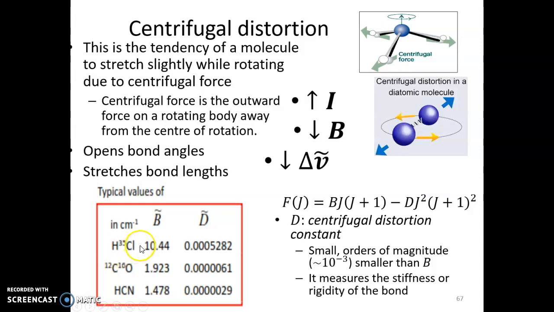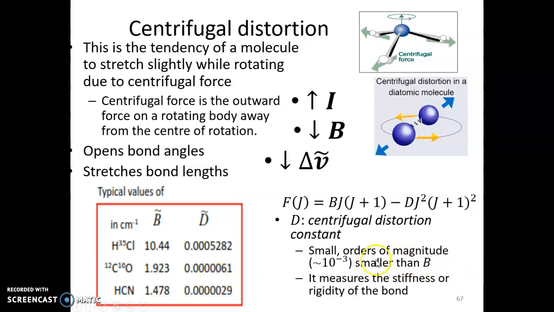So if we look at it, B for HCl is about 10.44. D is pretty small compared to this amount. For carbon monoxide, 1.923 is our B. D is 0.0000061. So almost 0.